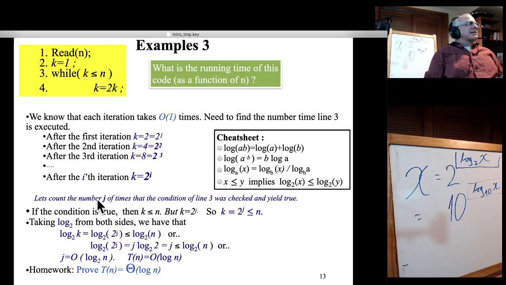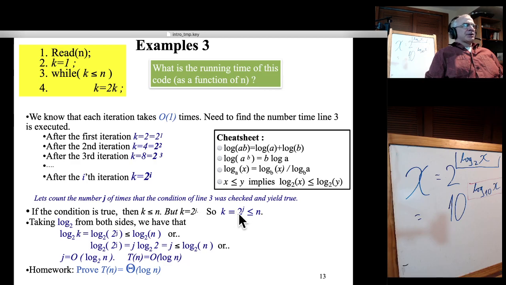And now let's call j the number of times that this condition that I evaluate over here is still true. How many times could it be that I evaluate this condition and it is still true? If this condition is true, it means k is smaller than n. On the other hand, what is k? K is 2 to the j, the number of iterations that I performed so far, and I need a bound on j.